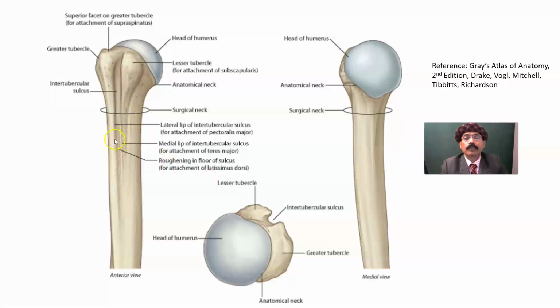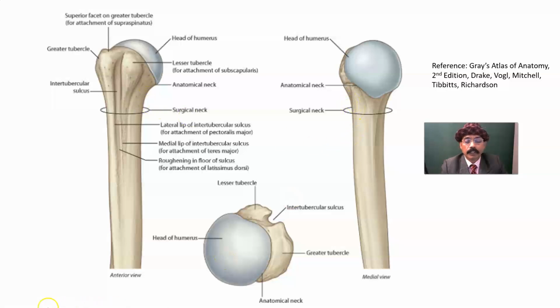This is the pectoralis major insertion, the insertion of the teres major, and in between them in the floor the latissimus dorsi. We have a ligament connecting the lateral lip and medial lip, the transverse humeral ligament. The surgical neck is very important for its relationship to the axillary nerve and the posterior circumflex humeral artery.